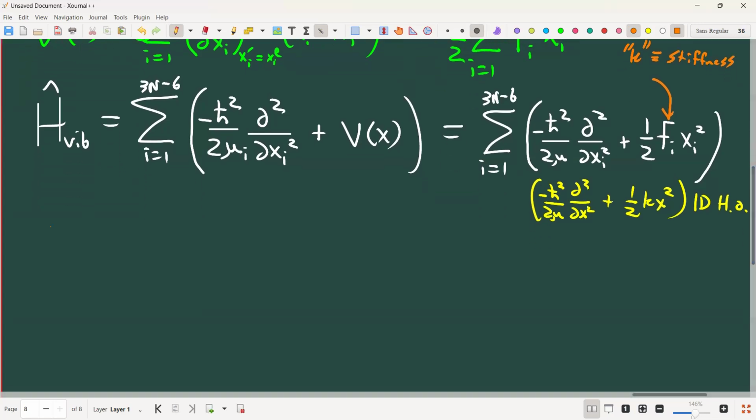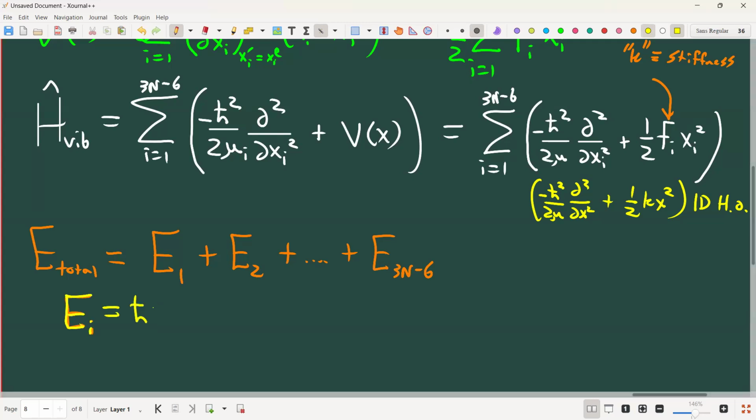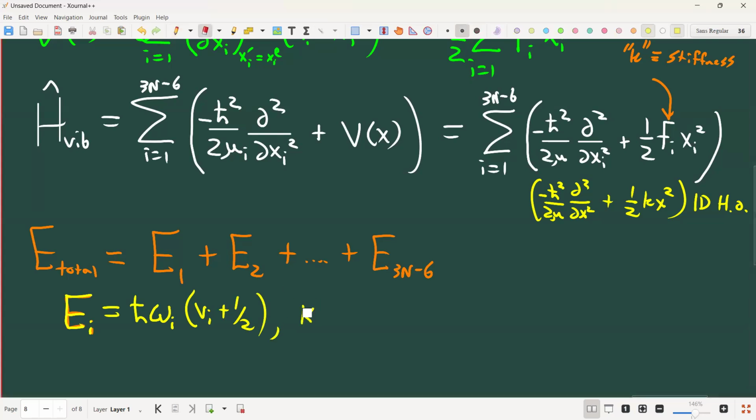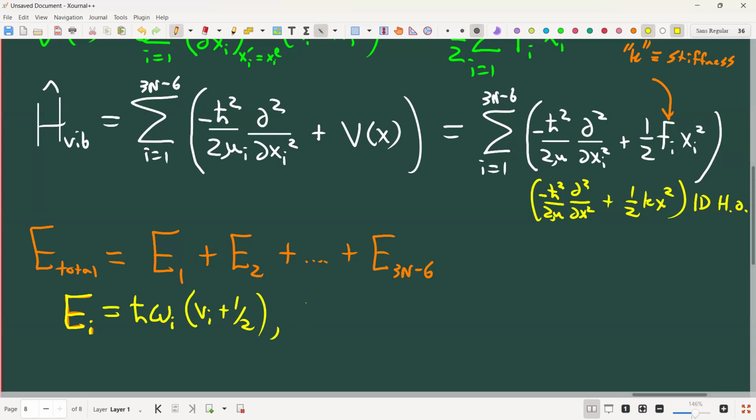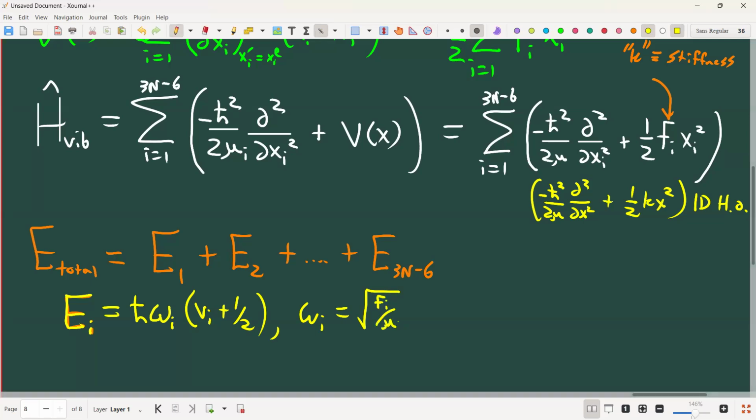This just says that the total energy of the system is a sum of each of the modes' energies, where E sub i is h bar times omega sub i, v sub i plus 1/2, and omega sub i is equal to the square root of the force constant f sub i divided by the reduced mass of the mode.